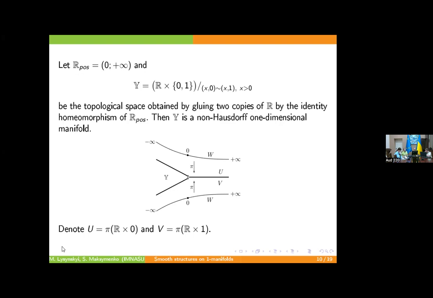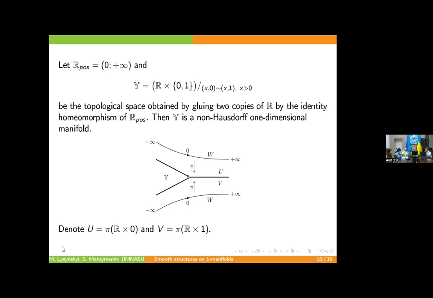The first one is the letter Y. Another way of obtaining it is that we just take two copies of a real line. Now take the positive numbers and take the identity map of these positive numbers, and just glue these two copies by this identity homeomorphism. So the quotient is called the letter Y. It is a non-Hausdorff one-dimensional manifold, and it is essential that it contains two copies of a real line.